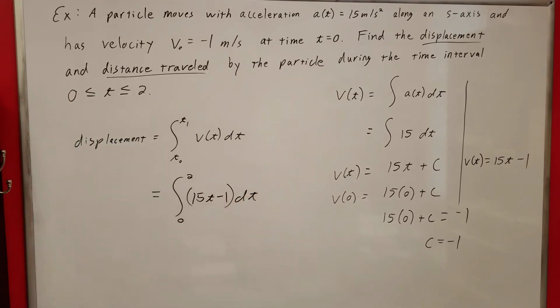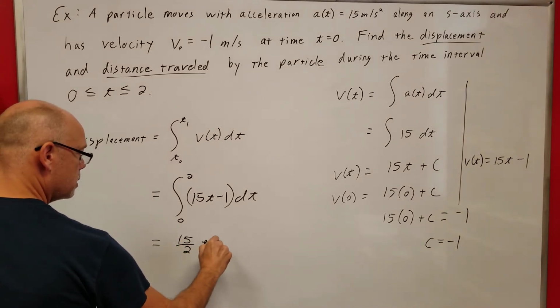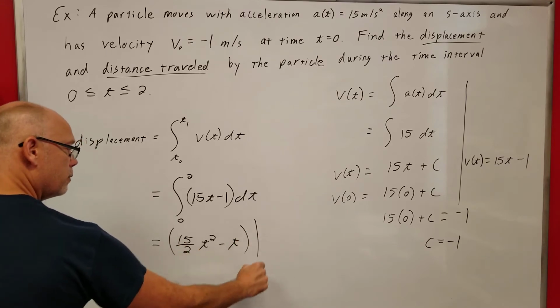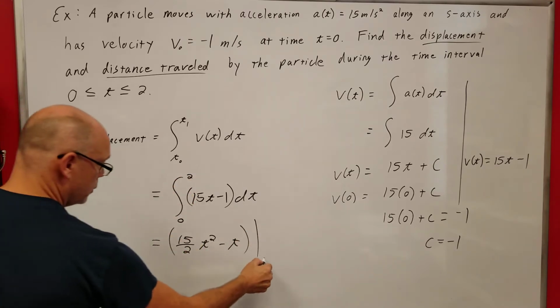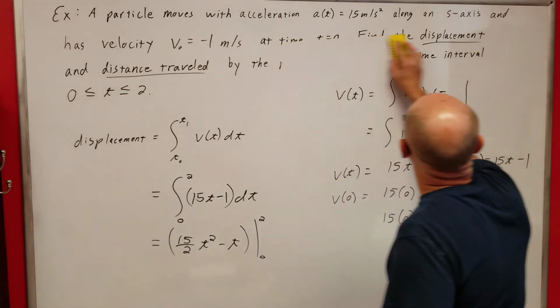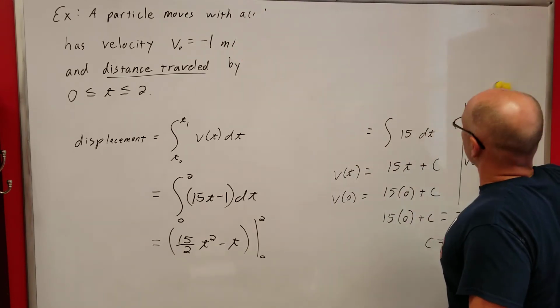So let's take our integral here. So this is 15 halves t squared minus t, and let's evaluate that from 0 to 2. Okay, now I'm going to have to erase some stuff up here.